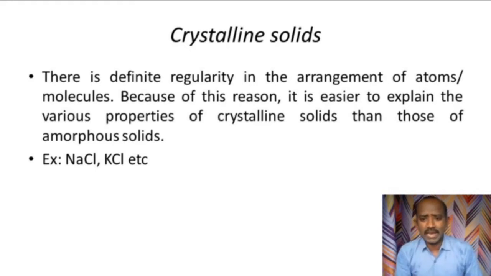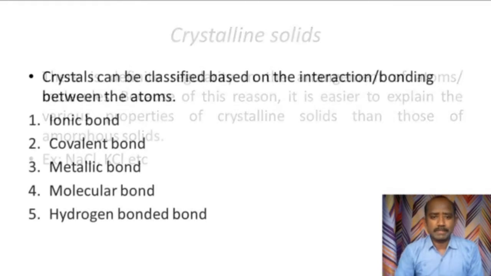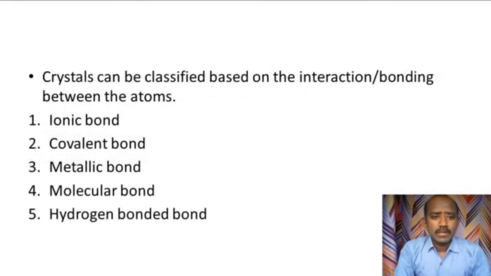What is a crystal lattice? In that crystal, how are the atoms arranged? That we have to study. And also the crystals can be classified on the basis of interactions or the bonds between the molecules or the atoms. Here the ionic bond, covalent bond, metallic bond, molecular bond and hydrogen bond.